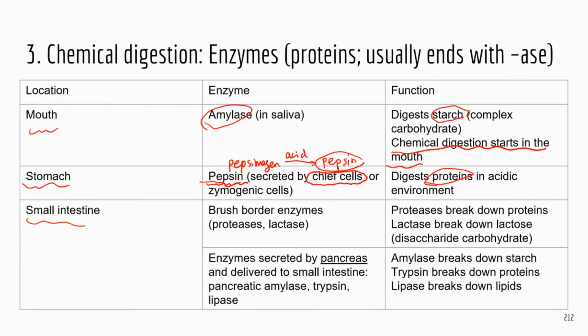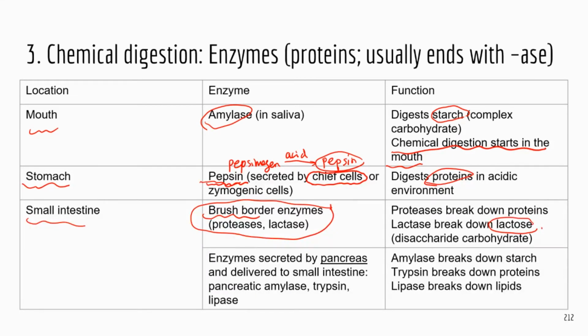Now, most of the digestive enzymes are going to be located in the small intestine. So small intestine itself makes brush border enzymes. And why it's called brush border, I will explain in just a second. So these brush border enzymes can break down proteins, can break down lactose, right? When you drink milk, milk has lactose, the milk sugar, that's going to be broken down by lactase.